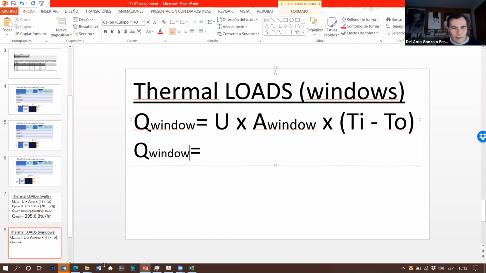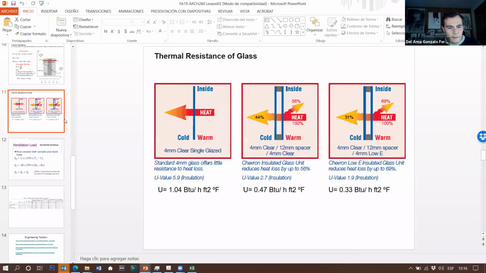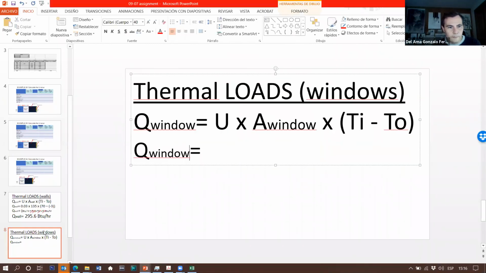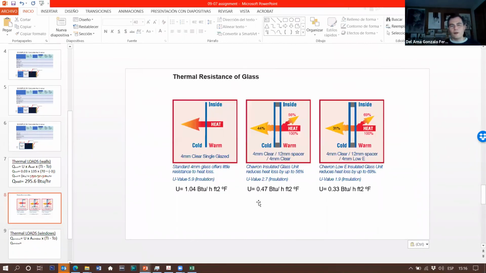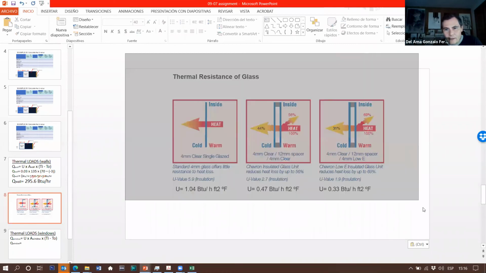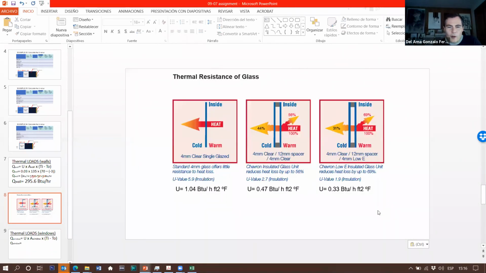And working with catalogs, okay, I have taken these values from catalogs. So here we have the U value, and it's directly in imperial units.